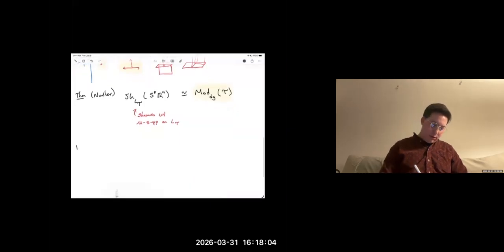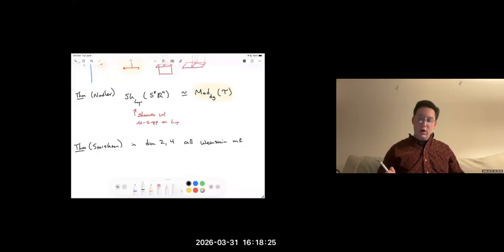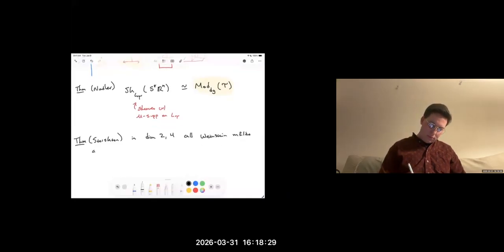In particular, Starkston showed that in dimensions 2 and 4, all Weinstein manifolds are homotopic to ones with only arboreal singularities.